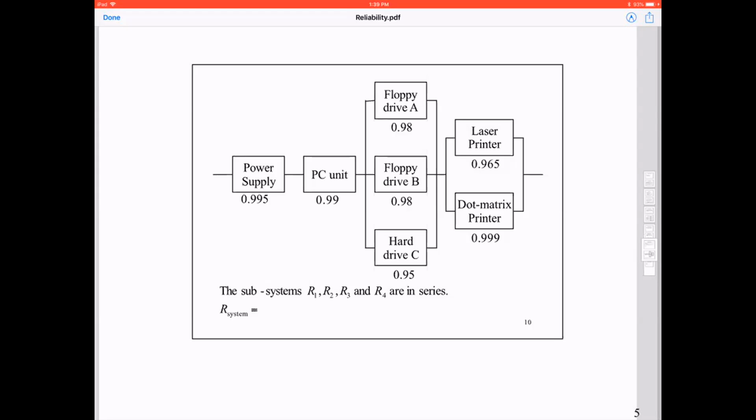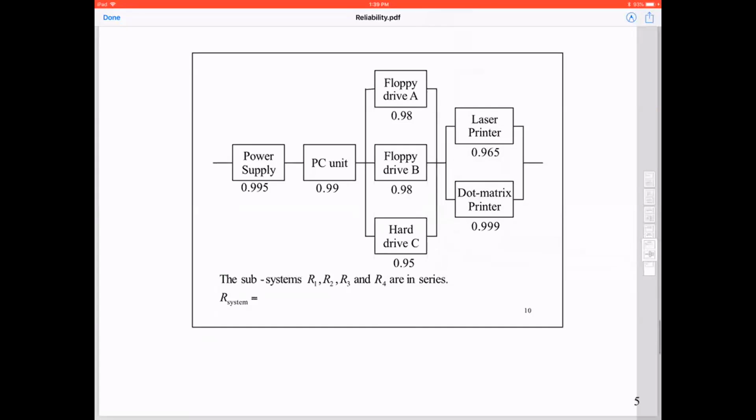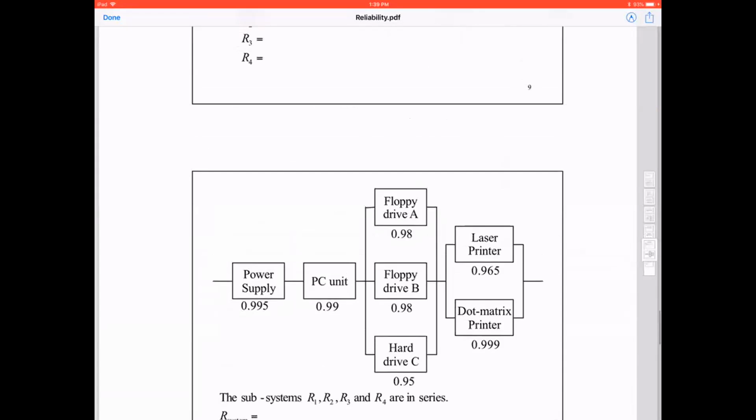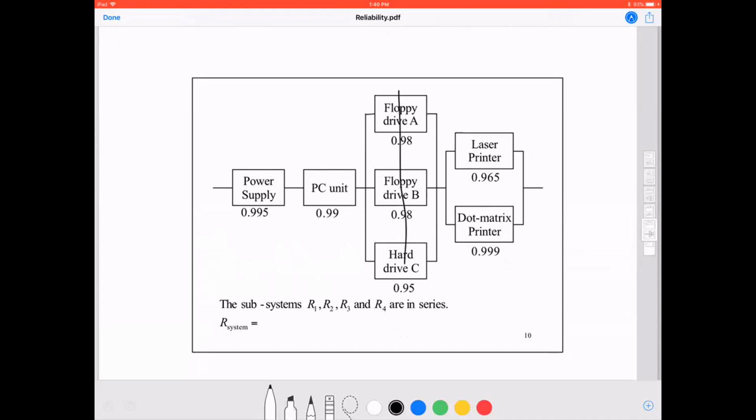If you really want to tell the reliability of the system, you need to first resolve the parts that are in parallel. You need to resolve this one here, and you also need to resolve this one. Let me give you a clue.